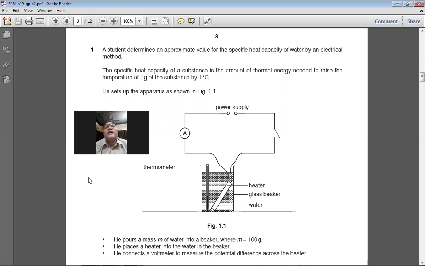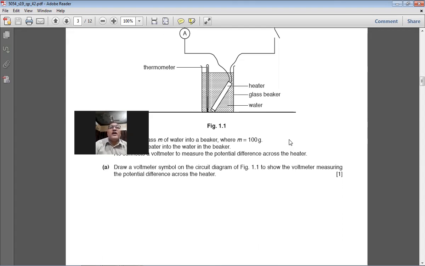The specific heat capacity of a substance is the amount of thermal energy needed to raise the temperature of 1 gram of substance by 1 degree centigrade. He sets up the apparatus as shown in the figure 1.1. So you can see here we have a glass beaker, we have water in it, we have an electric heater here. The electric heater is connected through an ammeter to a power supply. Here we have a switch.